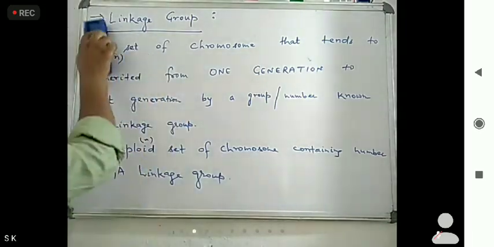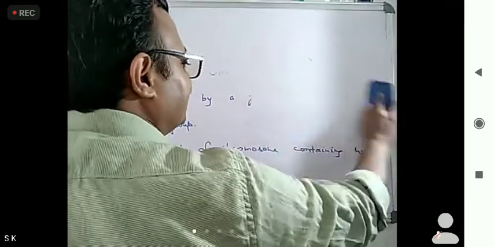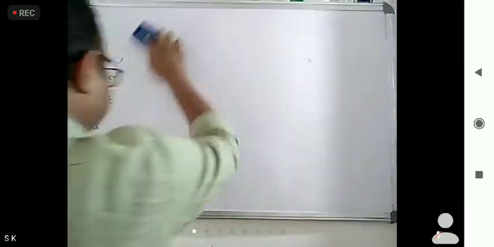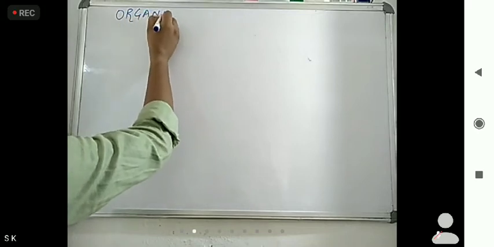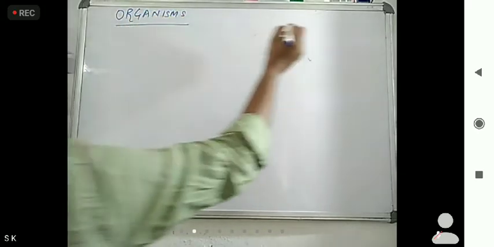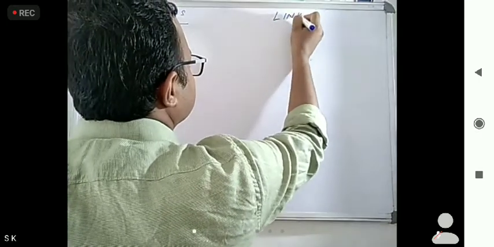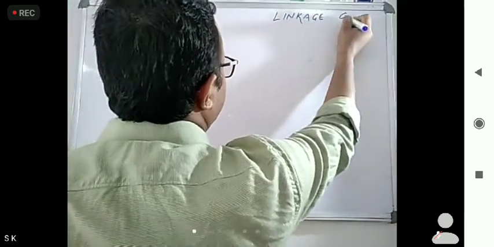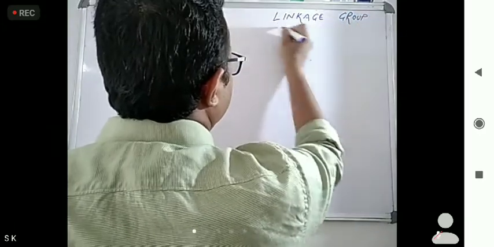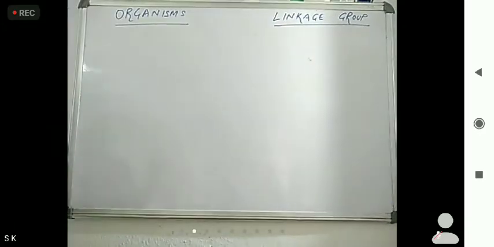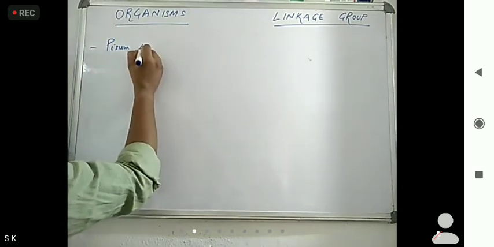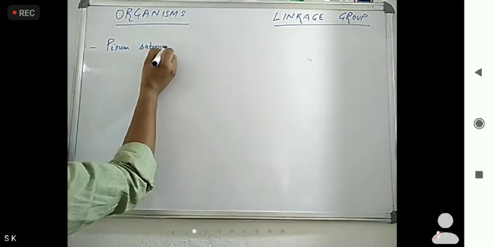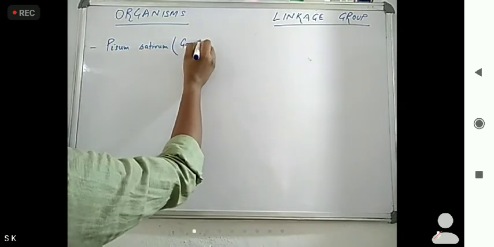Now, organisms and their linkage group. First we are seeing Pisum sativum, that is garden pea.